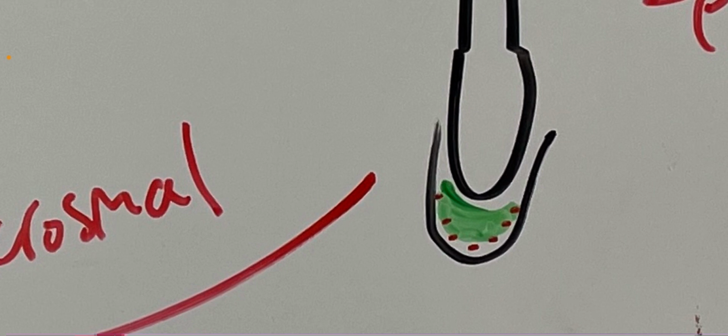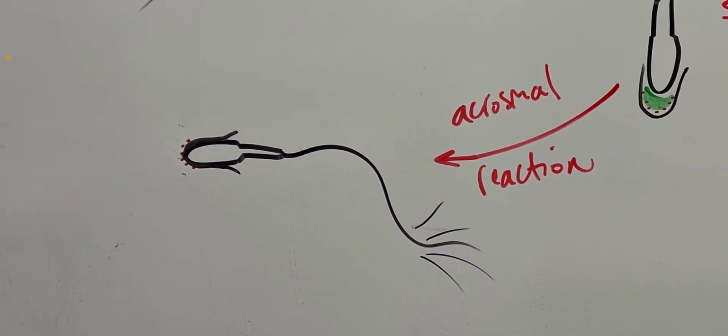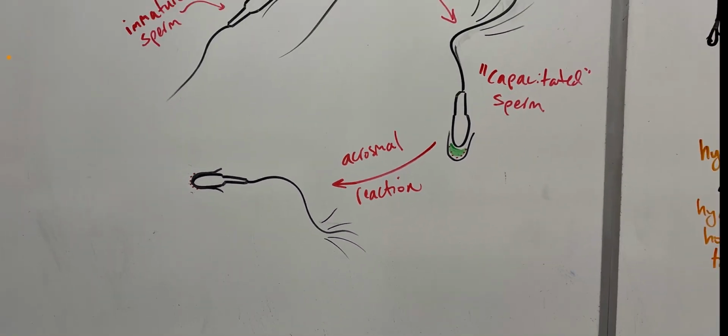This acrosomal membrane folds in on itself so that those red proteins are now on the external surface of the sperm, like the inner membrane of the acrosome is now exposed. This is absolutely necessary for the sperm to be able to fertilize the egg. So now, after it's gone through the acrosomal reaction, it is now capable of fertilizing the egg.